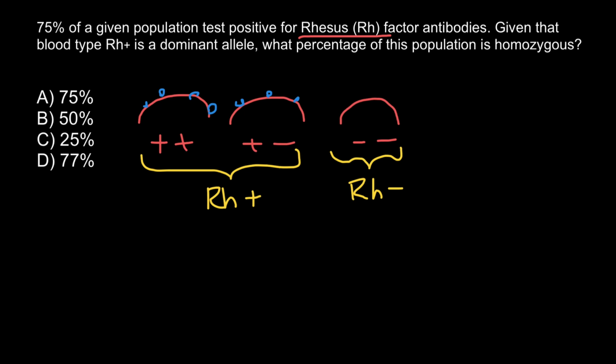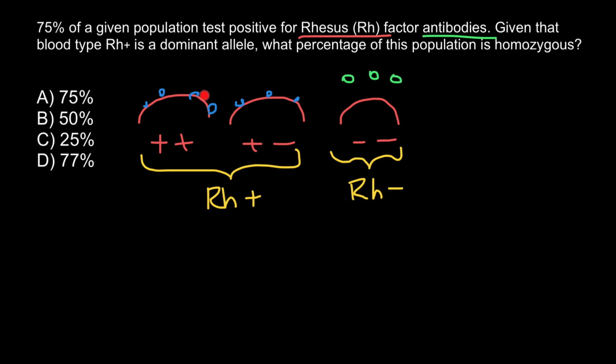Now let's read our problem again. 75% of the given population test positive for the Rh factor antibodies, and I want to underline antibodies. What does it mean? Not test positive for the Rh blood group, but for the antibodies. And antibodies for Rh factor can be found only in Rh negative blood group.